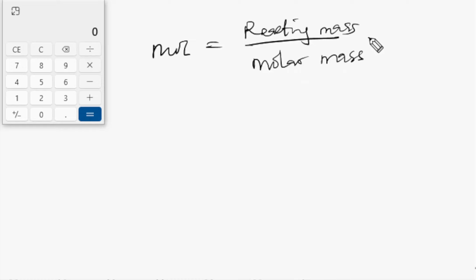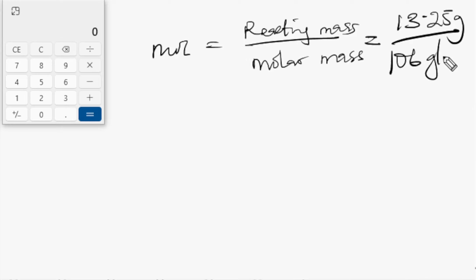So guys, in this question here, the reactant mass for the one evaporated to dryness is actually 13.25 grams. Now the molar mass of sodium trioxocarbonate(IV) as given to us is 106 grams per mole.